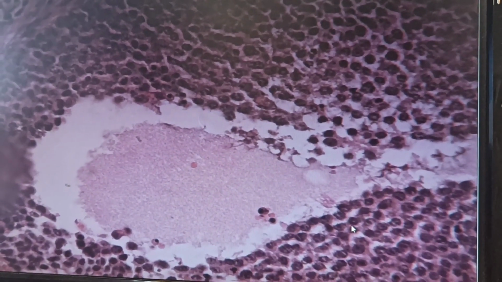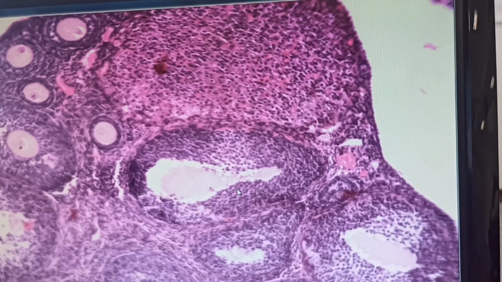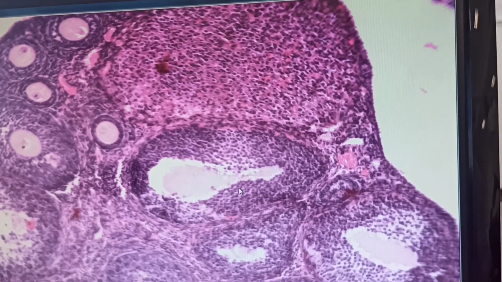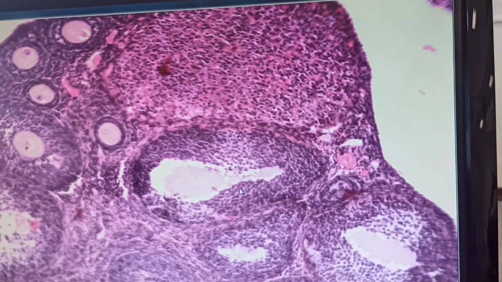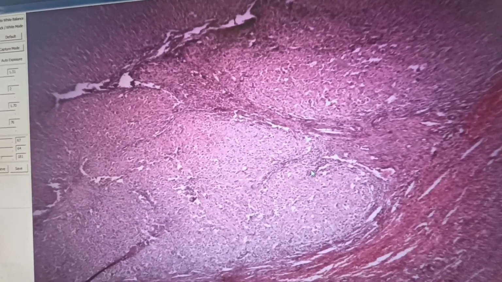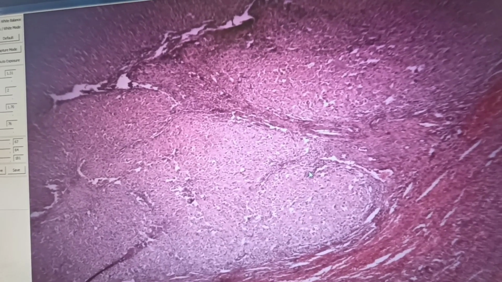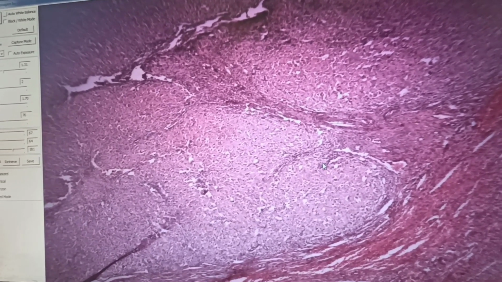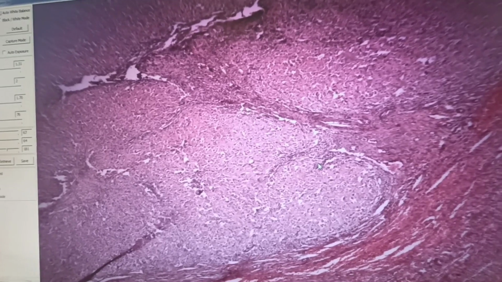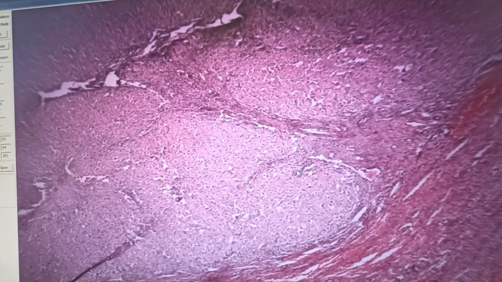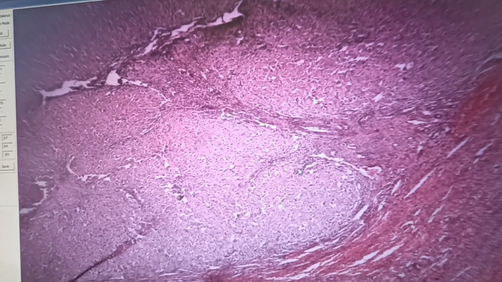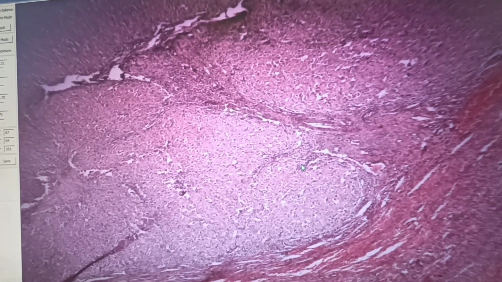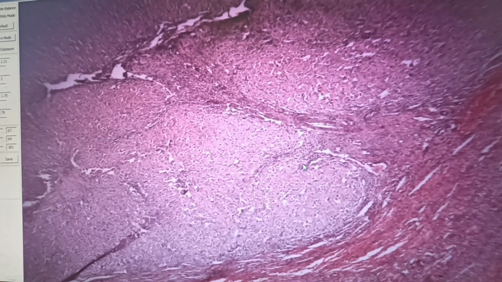After ovulation, the follicle within the ovary is reorganized into one endocrine gland called the corpus luteum. So we have two types of cells remaining in the ovary. One of them is the granulosa cell, another one is the theca cell.